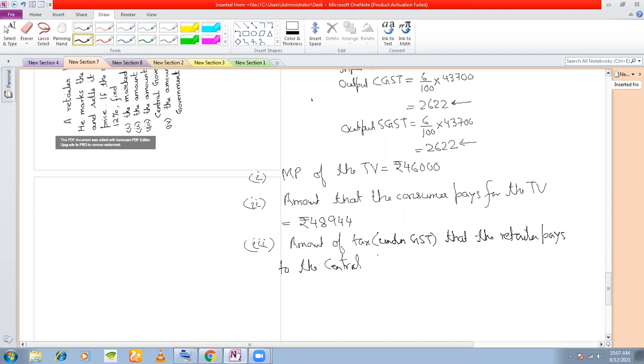So we are talking about CGST and SGST. It should be his output CGST minus his input CGST.